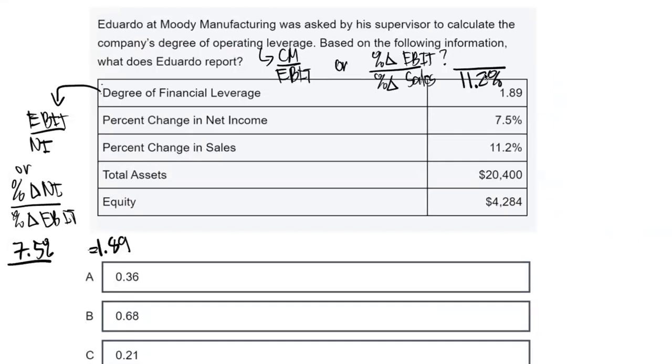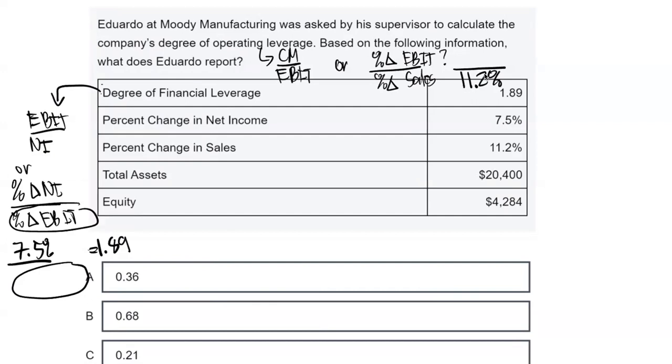A technique that you could do here is just ignore the percent. So focus on the 7.5 first. 7.5 divided by something equals 1.89. What could our answer be? 14.18. If you divide 7.5 by 14.18, will that be 1.89? Wait. So, the technique there is, when the bottom is missing, you multiply: 7.5 times 1.89.